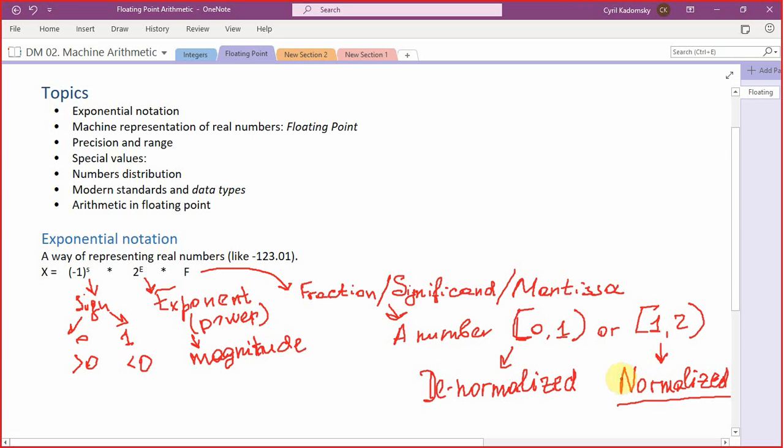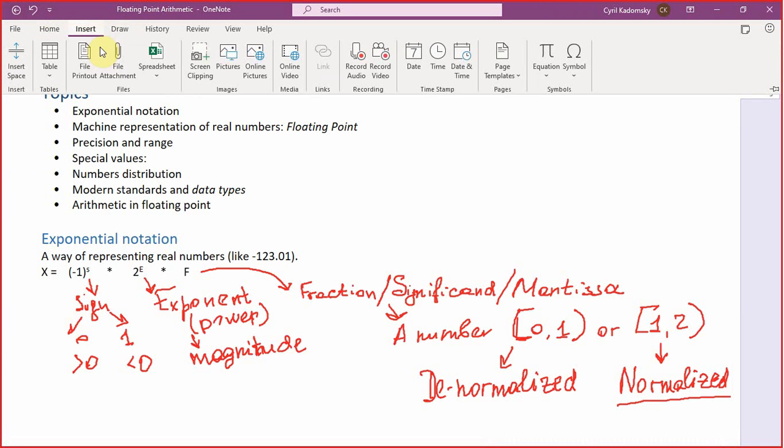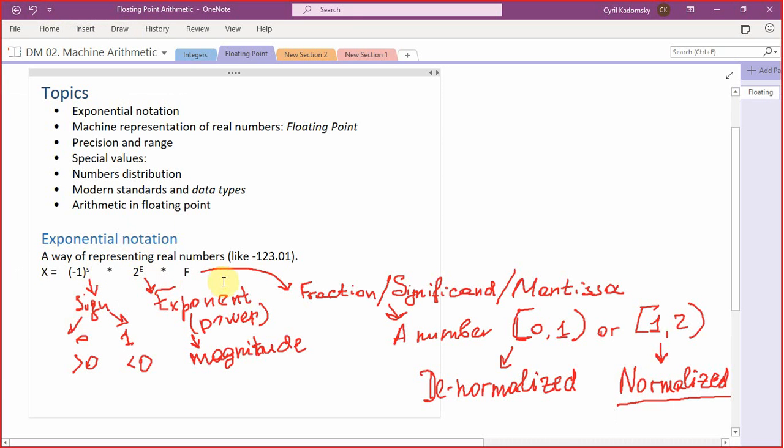Okay. So once more, in our exponent notation, the number is split into 3 different values. They are combined by the formula. The sign, which defines whether the value will be positive or negative.